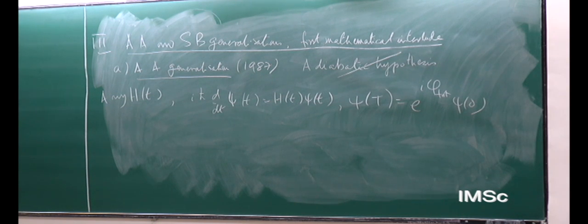All right? No assumption is being made that the time dependence of the Hamiltonian is adiabatic. No assumption is being made that the Hamiltonian is cyclic either. No statement that H of capital T is the same operator as H of 0. That was there in Berry's treatment. This is also not needed here.